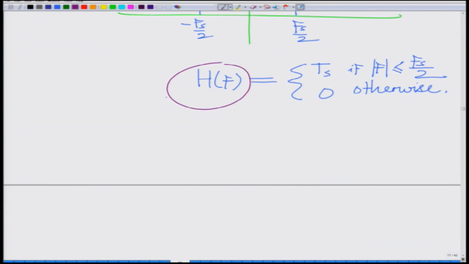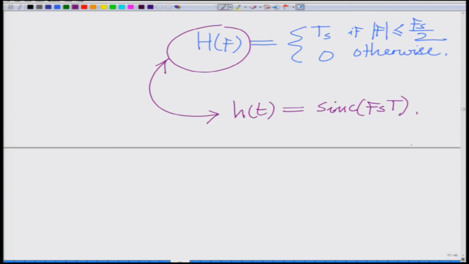From duality, this can be easily obtained: h of t equals sinc of Fs t. So, this is a sinc function in the time domain.